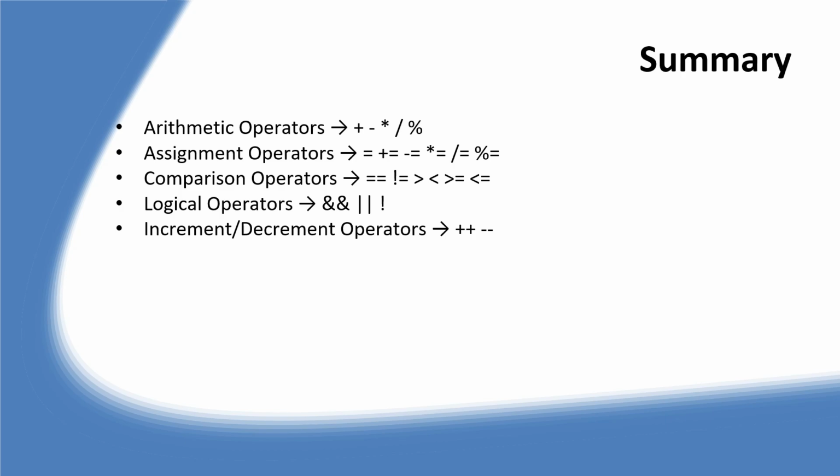In this video we learned what operators are and why they are important in Java. We also explored the different categories of operators available in Java. In the upcoming videos we will study each operator type in detail with practical coding examples.